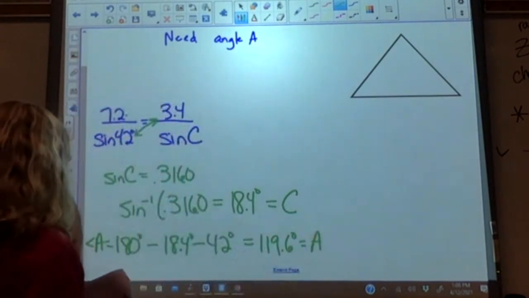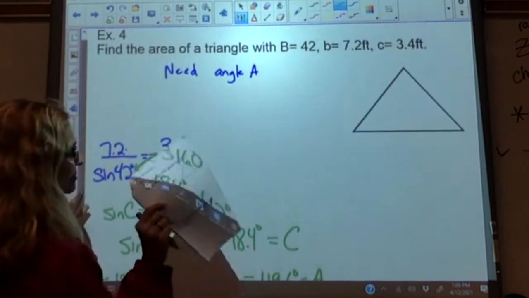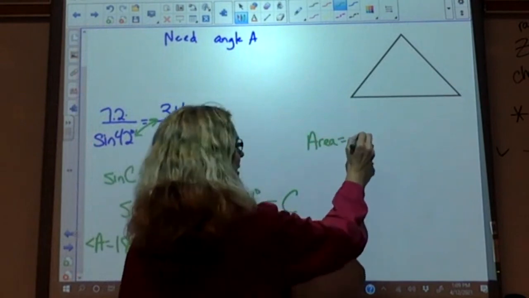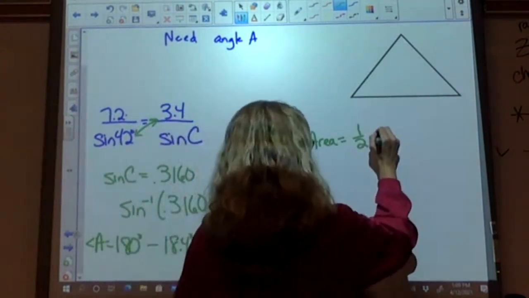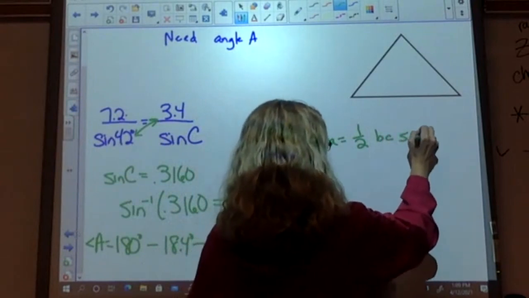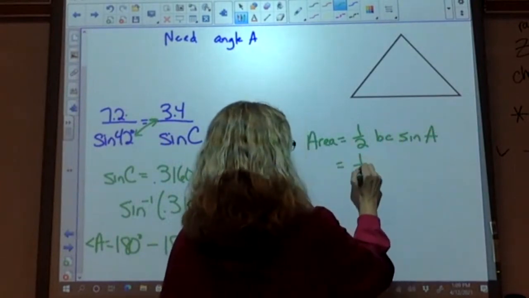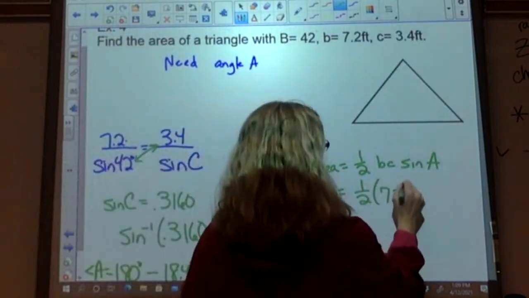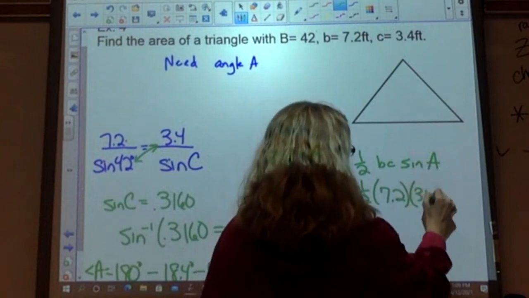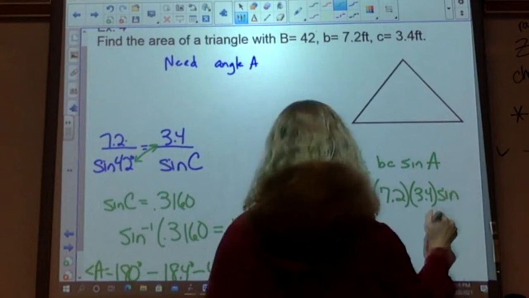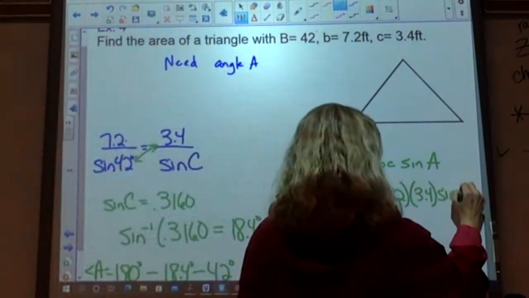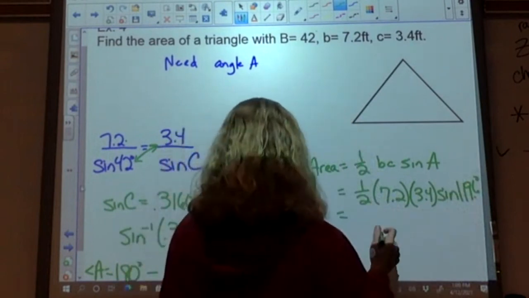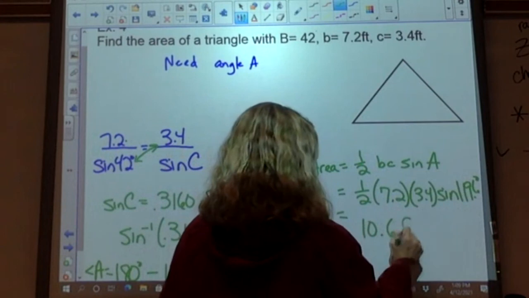And so now we have A, and we can find the area of this triangle because we have side B, side C, and angle A. So the area is 1/2, in this case, B times C times sine of A. And so we have 1/2 times B is 7.2 feet, C is 3.4 feet, times sine of 119.6. And so you put all this in, and you get 10.6 square feet.